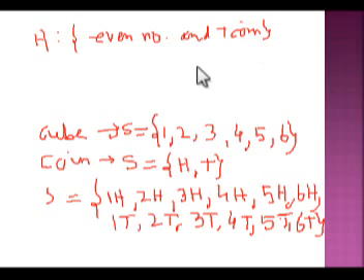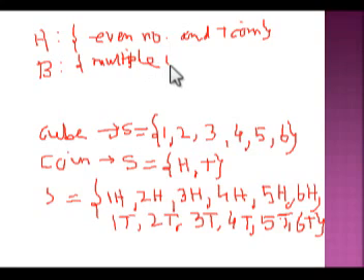And another incident I am taking is B: a multiple of 3 on the cube and the coin shows the face tail.